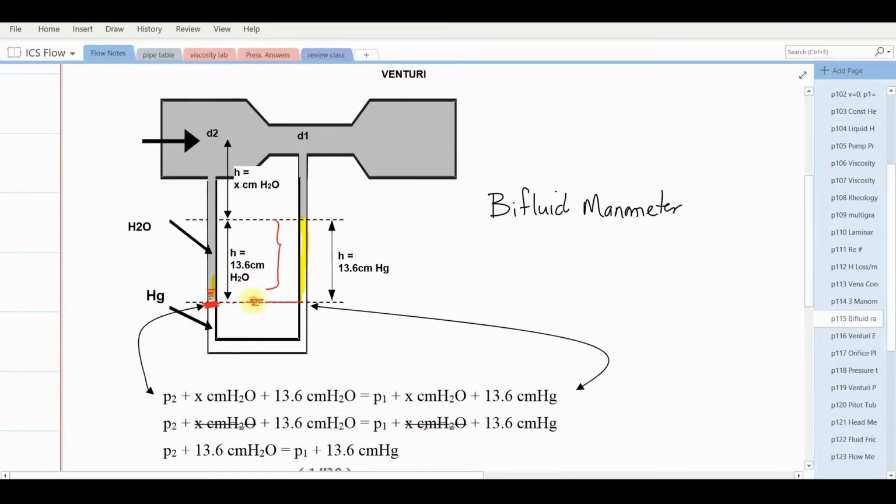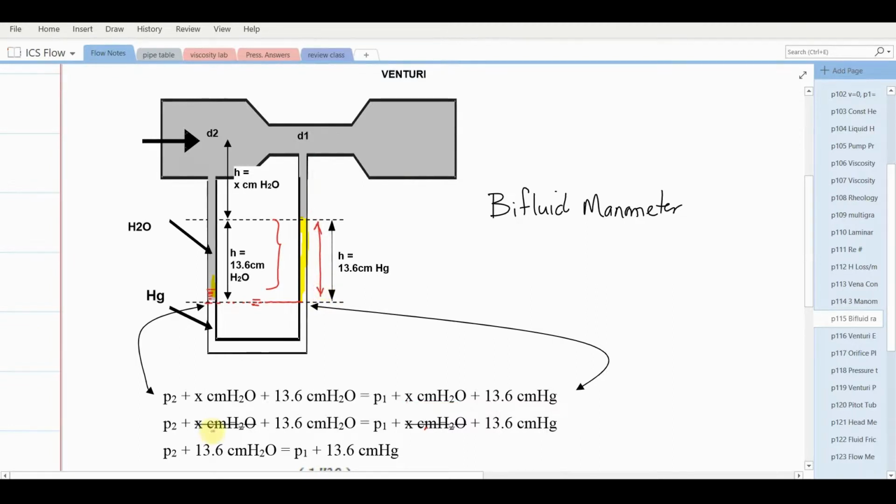And that is equal to the pressure over here, horizontal levels in the same fluid on the right. What's the pressure over here? Well, P1 is the pressure in the throat of the Venturi, plus X centimeters of water again, plus 13.6 centimeters, but this time it's centimeters of mercury.